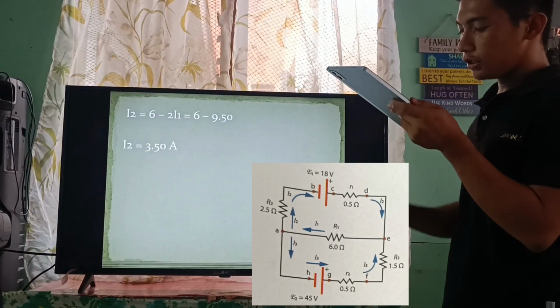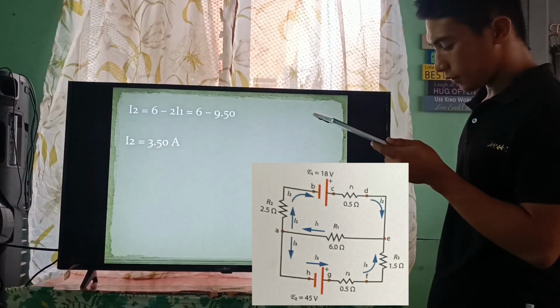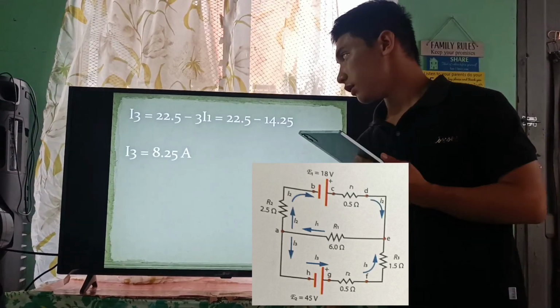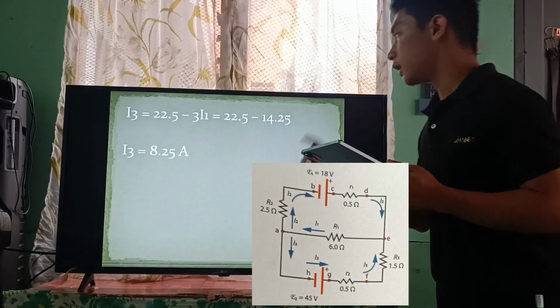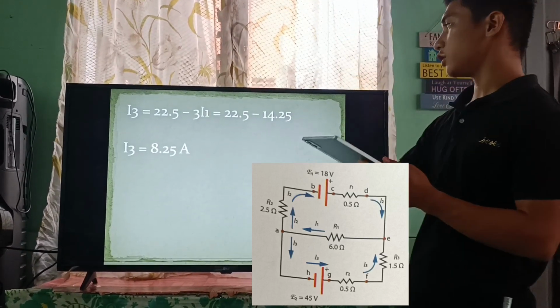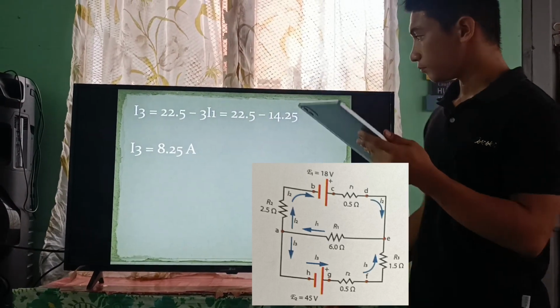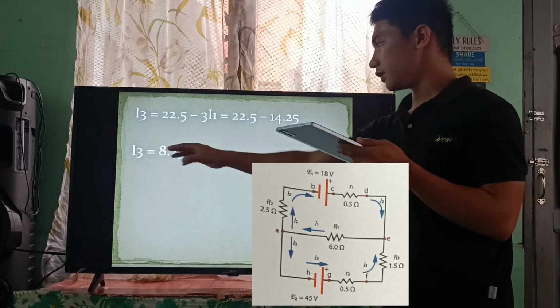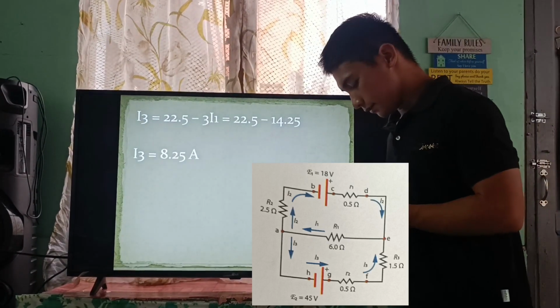Finally, substituting the value for I1 into the fifth equation gives I3 equals 22.5 minus 3 I1 equals 22.5 minus 14.25, so I3 equals 8.25 A. So this is the answer.